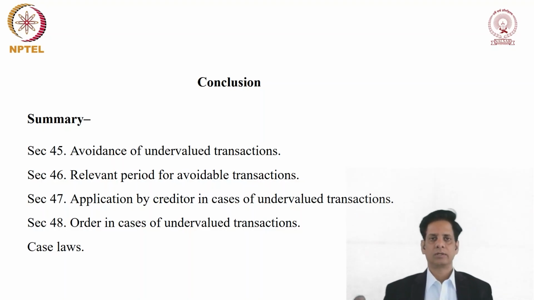Gift on one side, transfer of property for a much lesser consideration than what is paid by the corporate debtor can be called undervalued transactions. Then under section 47, we read that in case the RP or liquidator is not informing the adjudicatory authority, then the creditor himself can make an application under 47 and seek an appropriate relief. And in all the above cases, an order will be passed by the NCLT under section 48 of the Act.